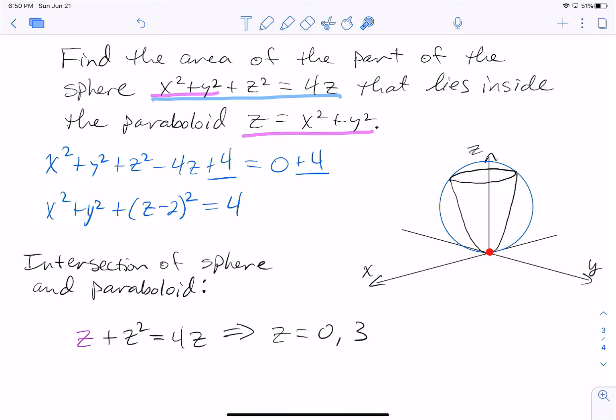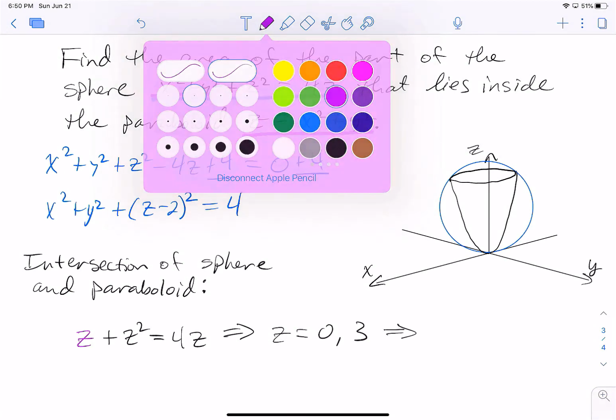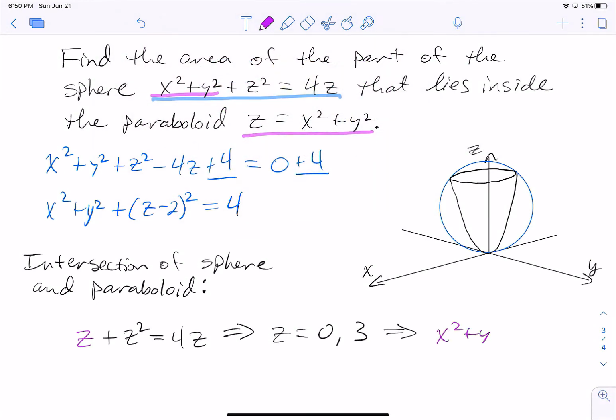We certainly don't mean the origin, so we're talking about where z equals 3. If z is equal to 3, then x squared plus y squared is equal to 3. And so our trace in the xy plane is a circle of radius square root of 3.